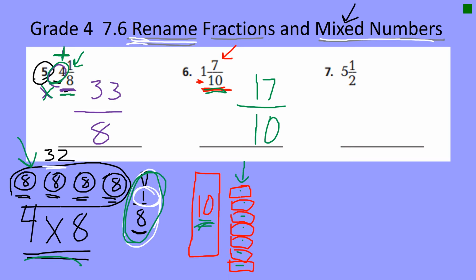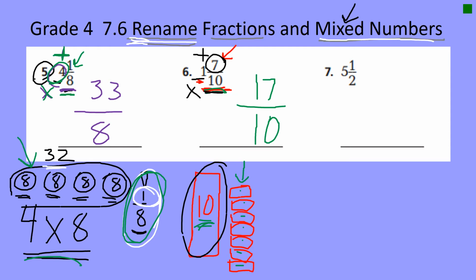Which we got right there. So you just again did, I have one set of 10 plus 7 more. 17 tenths.